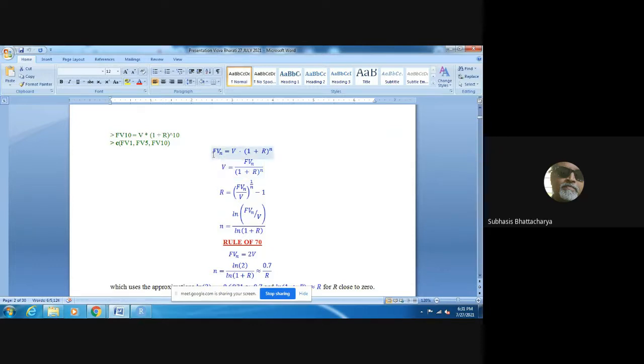These formulas consider the case of simple compound interest. But if it is continuous compound interest, the formula changes because it becomes e to the power things. I will discuss it later if time permits.